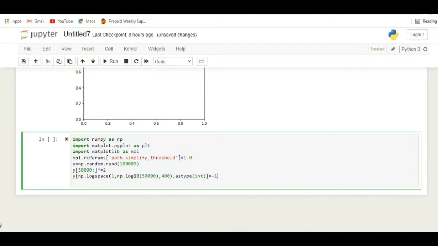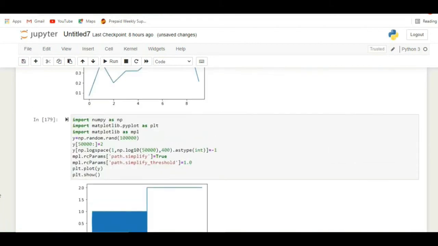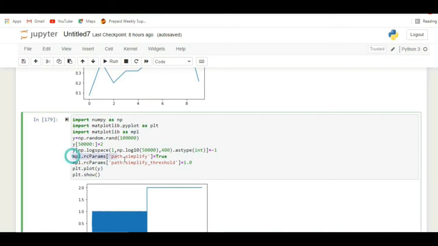The code is not completed yet. The second line, mpl.rcParams['path.simplify'] = True. Copy it and paste it over there.